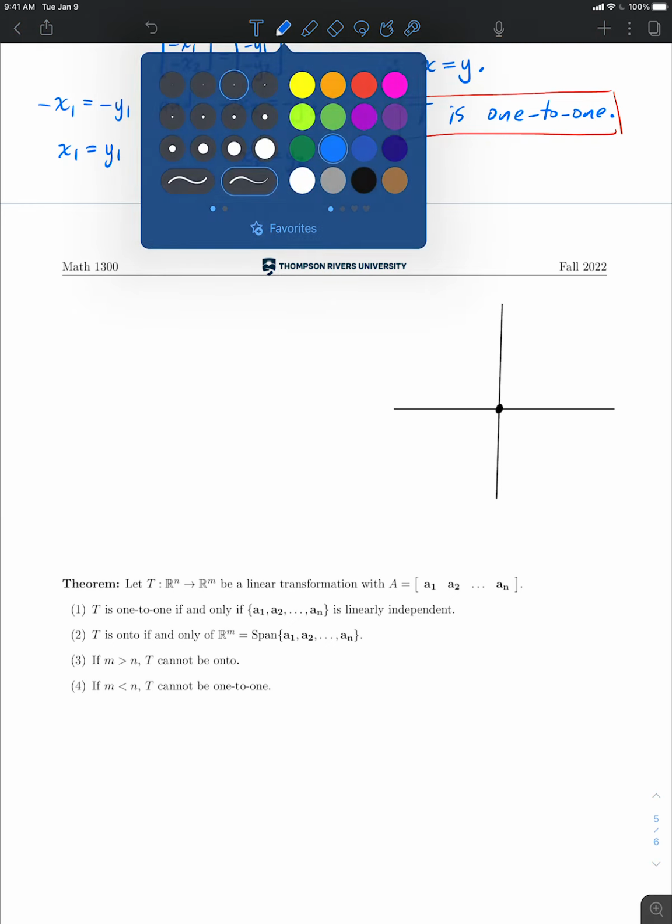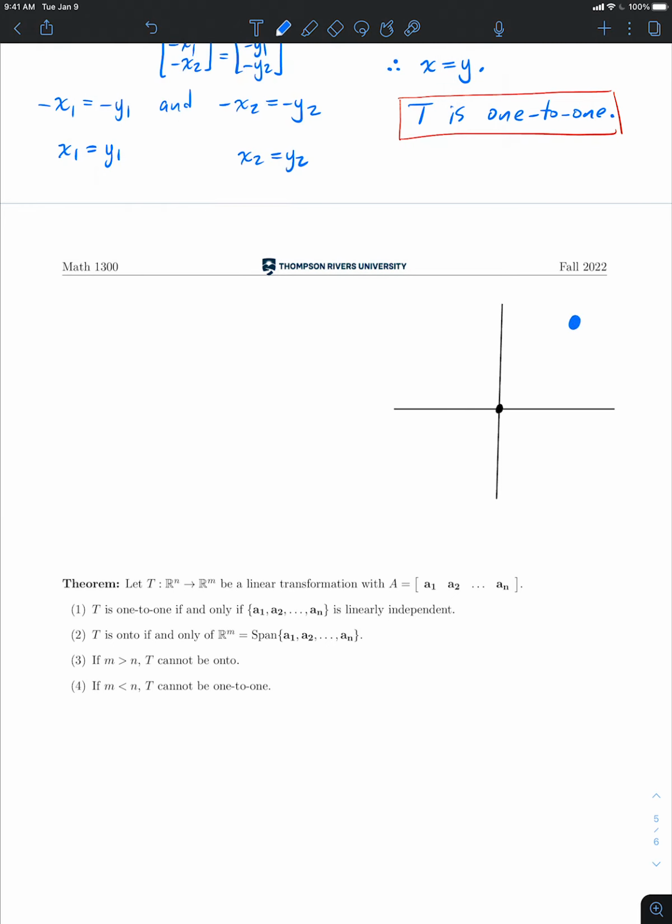If I had a point over here and reflected it about the origin, that would take me down here. A point over here would go here, and a point over here would go here.